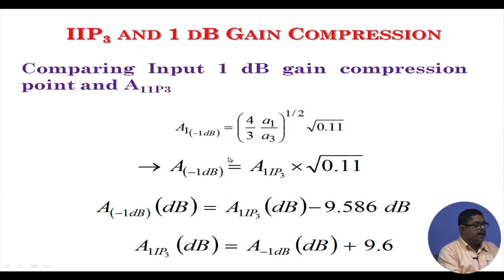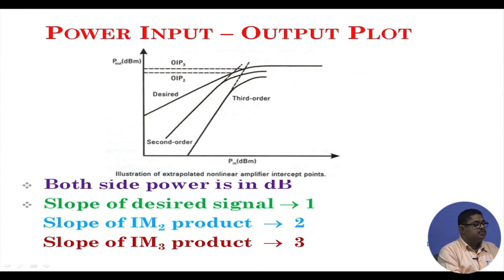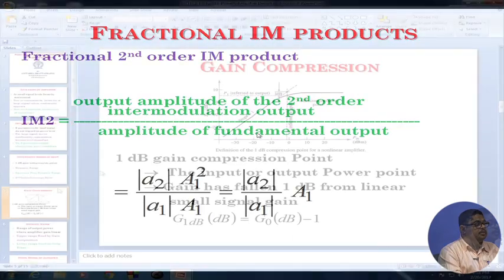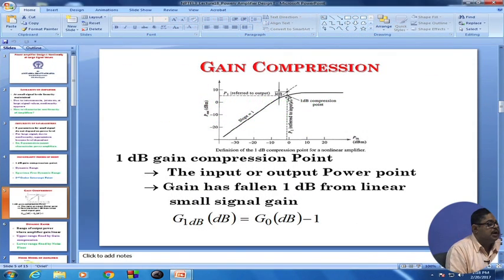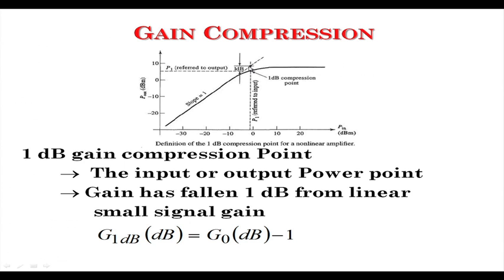The comparison is that AIP3 is the 1 dB gain compression point plus 9.6 dB. Let me show the graph. This point was our 1 dB gain compression point.